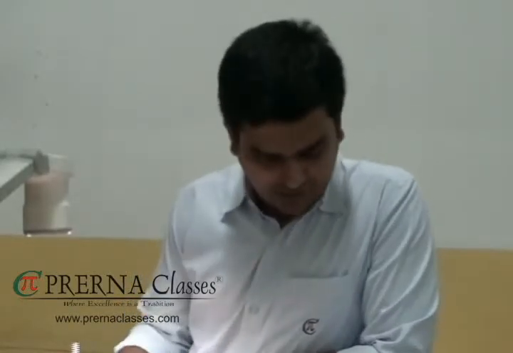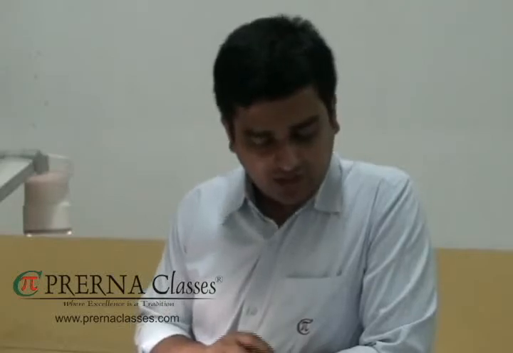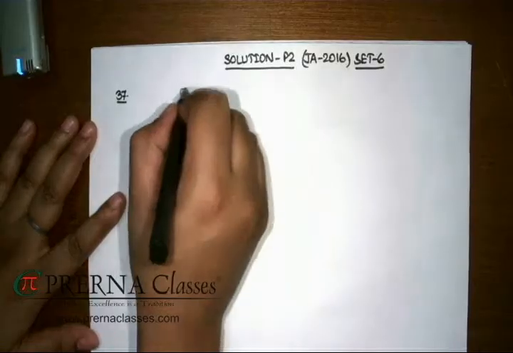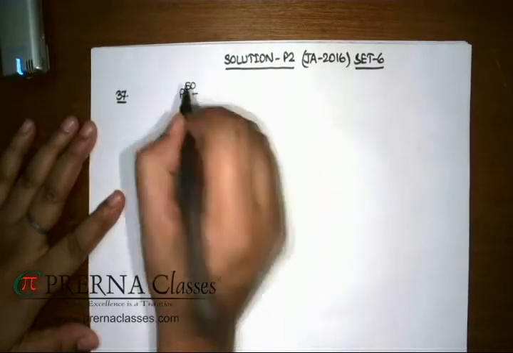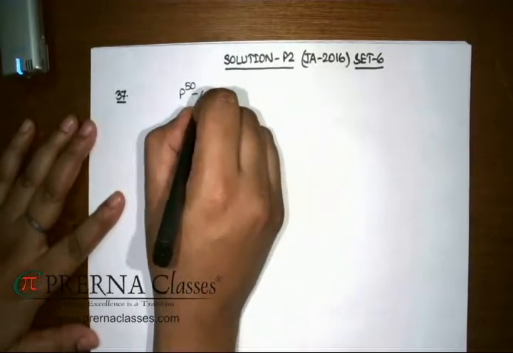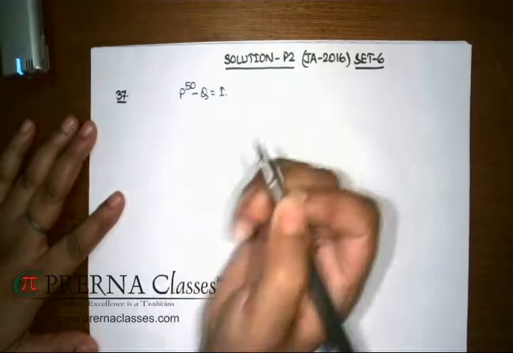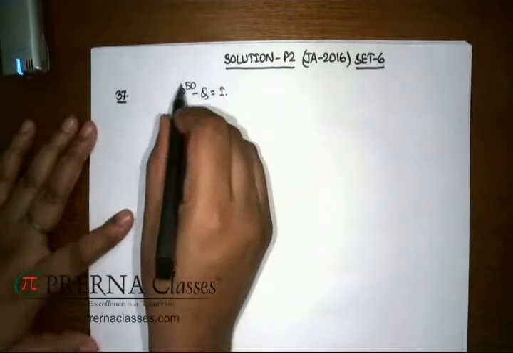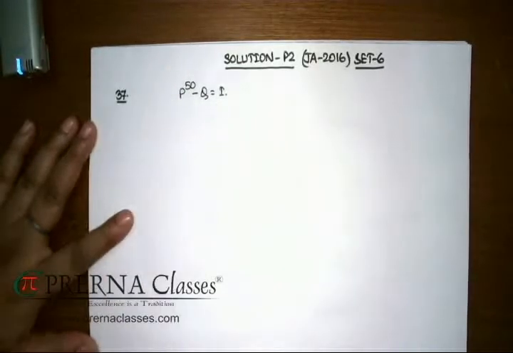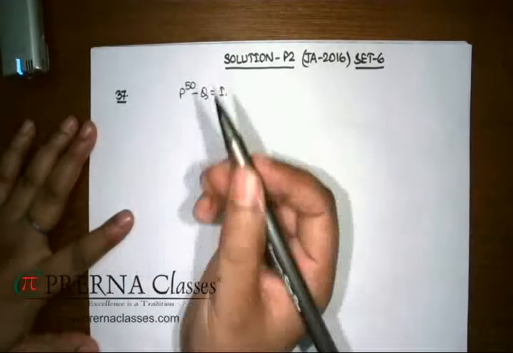It's related with matrices, where some matrix P is given and it's being told that P to the power 50 minus Q is a unit matrix. Clearly you have to look for the pattern as far as higher powers of P are concerned.